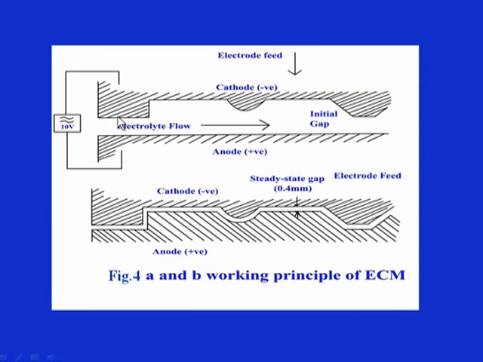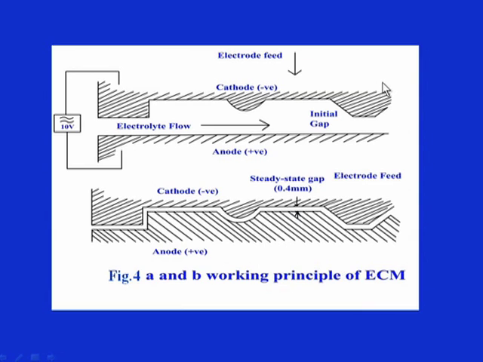In between, the electrolyte is kept flowing, as we have already indicated, leaving a gap between the workpiece and the tool, that is, anode and cathode. And the tool can have different shapes as per the requirement.